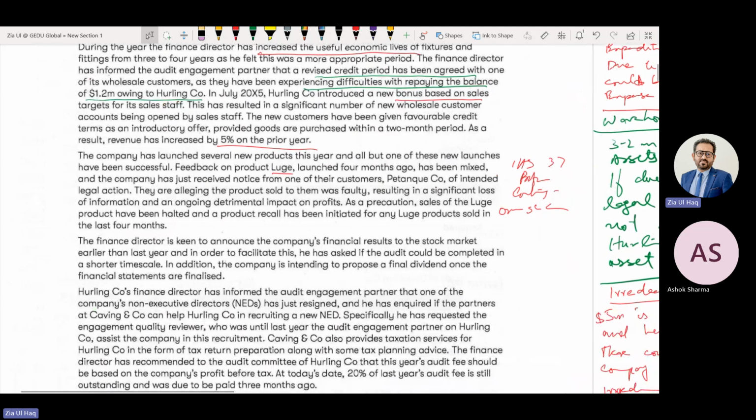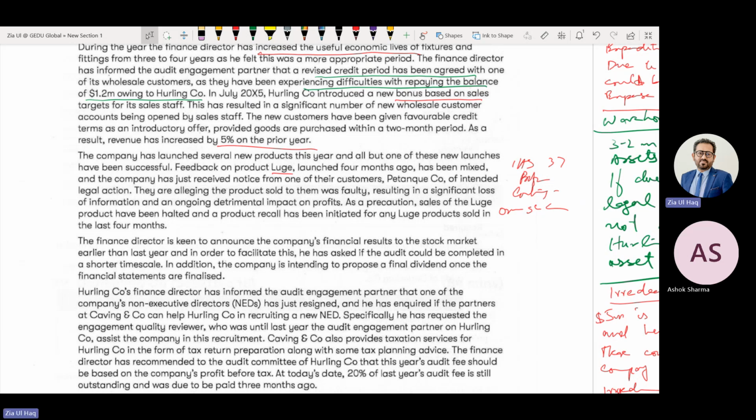The finance director is keen to announce the company's financial results to the stock market earlier than last year, and in order to facilitate this, he has asked if the audit could be completed in a shorter time scale.